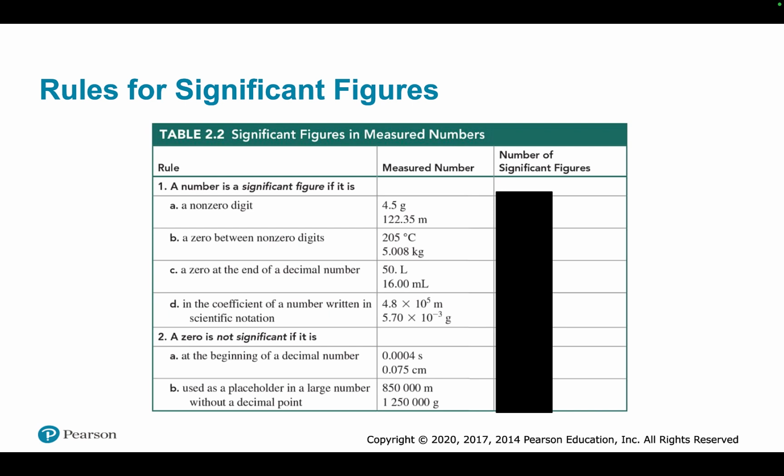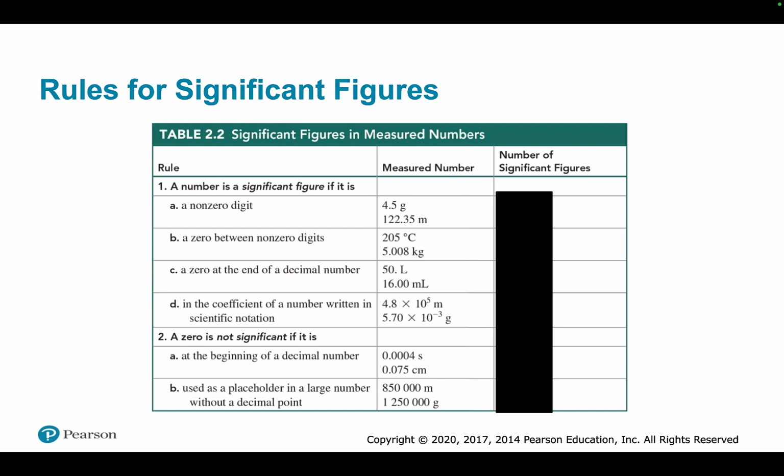That's where some confusion might creep in. In that 16.00 milliliters, those zeros are trailing after the decimal place, and so they are significant, meaning that has 4 significant figures.